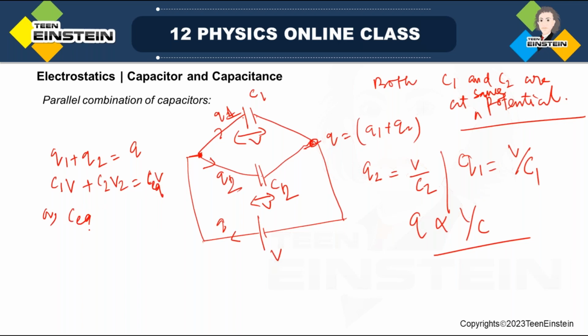C equivalent equals C1 plus C2. This is V, sorry.